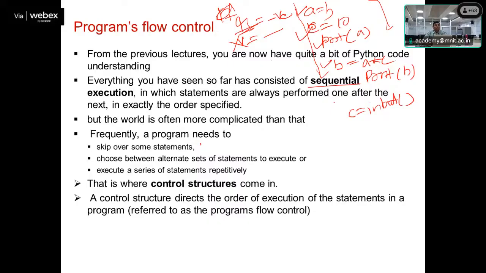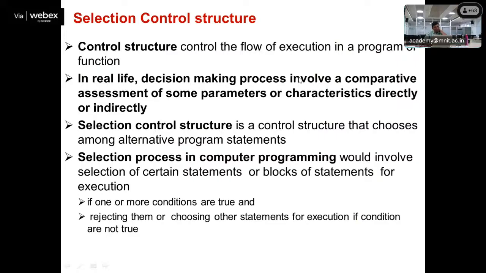A control structure directs the order of execution of the statements in any program, which means the flow of the program control is changed as compared to the sequential order, either by skipping or making some statements performed or not performed. So a control structure controls the flow of execution in a program or in any function. A decision making process requires some kind of comparative assessment of some parameter or characteristic, directly or indirectly, to take the decision.